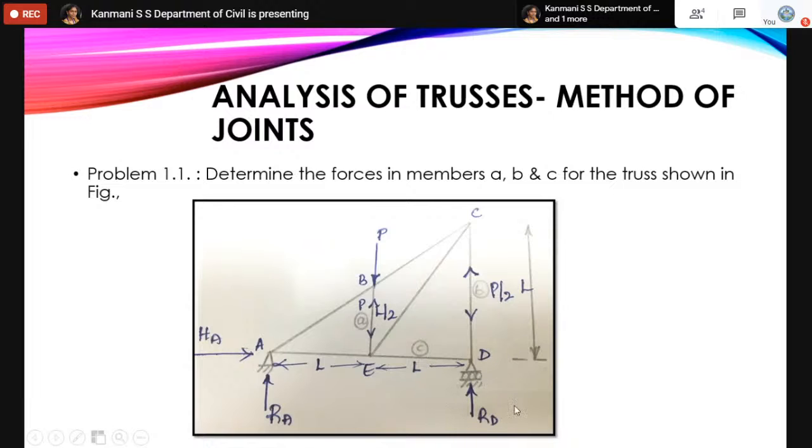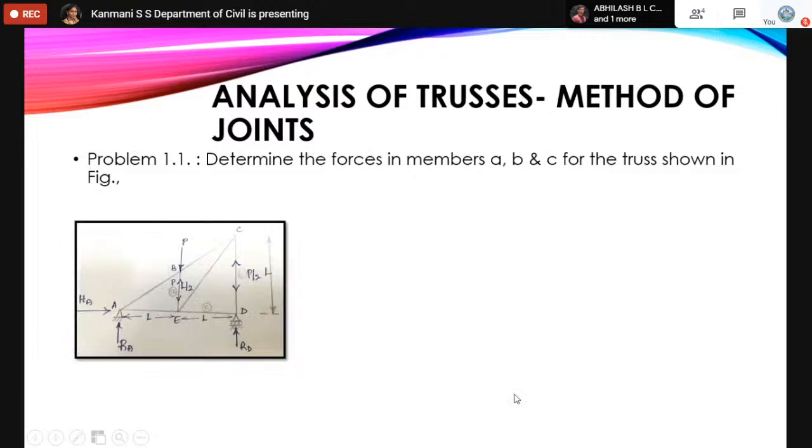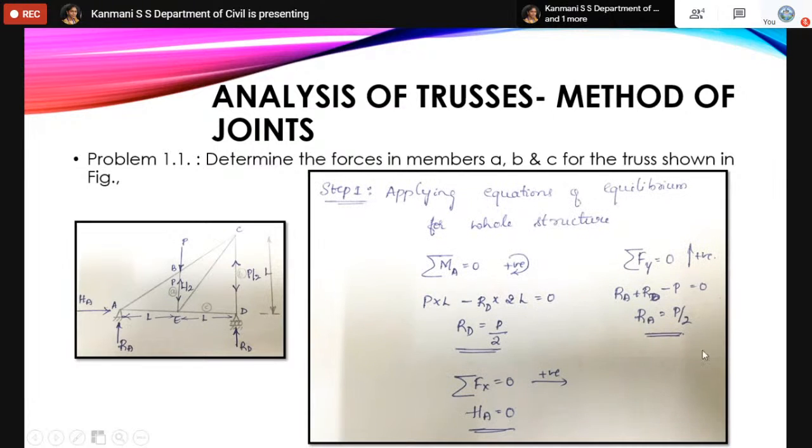The last thing we need to know is RD. So let us write the equations of equilibrium, and we will get the final answer. Applying sigma MA equal to 0, treating clockwise moment as positive, I'll take P first.